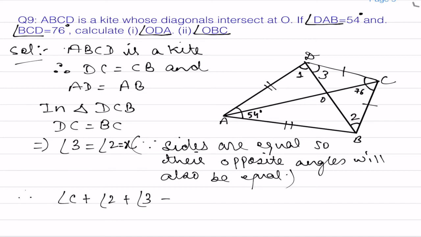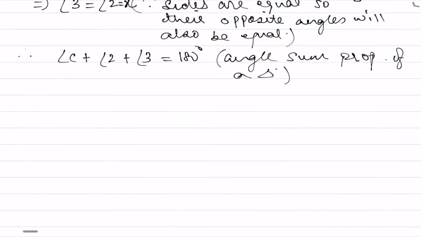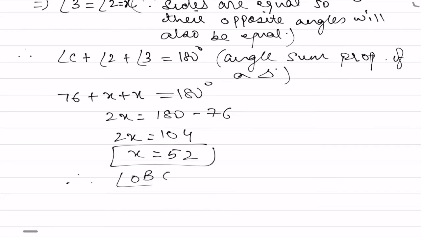Angle C plus angle 2 plus angle 3 is equal to 180 degrees, the angle sum property of a triangle. So angle C is 76, x plus x is equal to 180. So 2x is equal to 104 and x is equal to 52 degrees. So angle OBC is equal to 52 degrees.